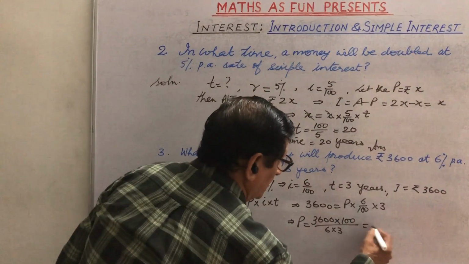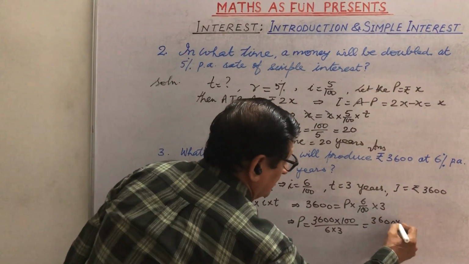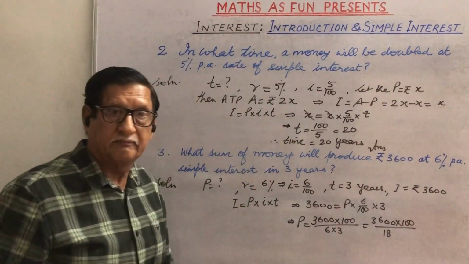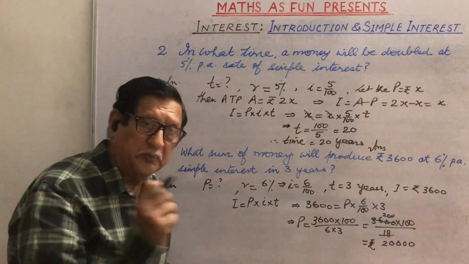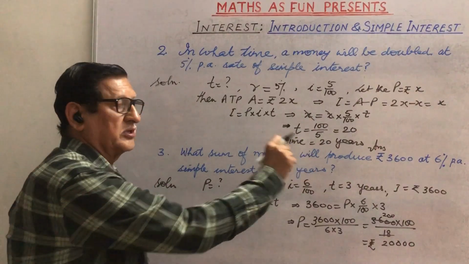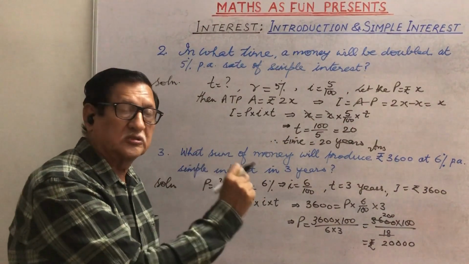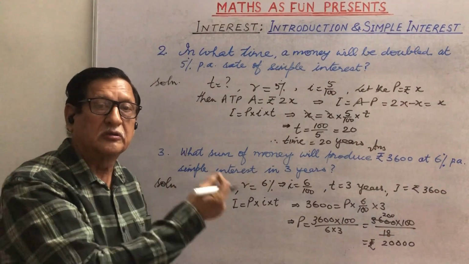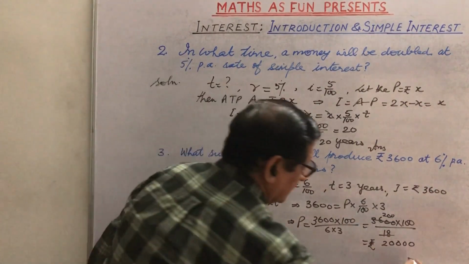That is equal to 3600 into 100 upon 18. 18 cancels into 3600, 200 times. So this comes as rupees 20,000. It means rupees 20,000 will produce interest of rupees 3,600 at 6% per annum rate of interest in 3 years, and that is the answer here.